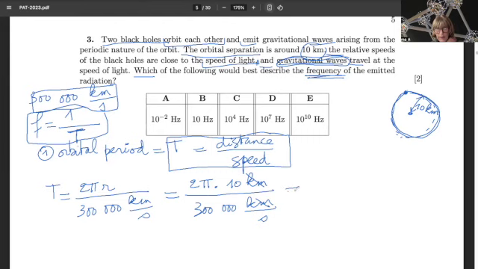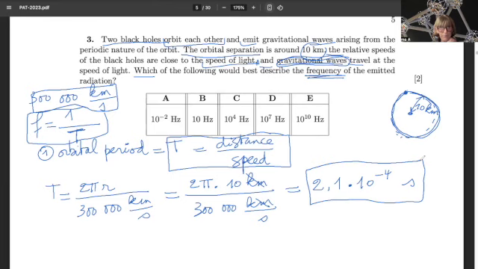And when you calculate that with your calculator, I found it's 2.1 times 10 to the power of minus 4 seconds. Okay, so now we found T. That was the first step. Now we have T, so it's really easy to calculate the frequency of the orbit.